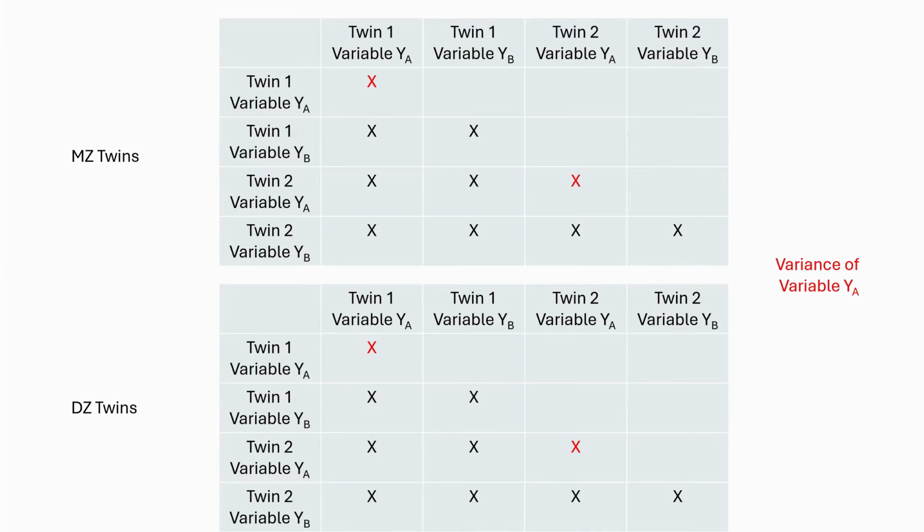The variances for variable YA sit along the diagonals of the MZ and DZ covariance matrices indicated by the red crosses. So the four entries in the variance-covariance matrices that refer to the variance of variable YA only provide us with one piece of information.